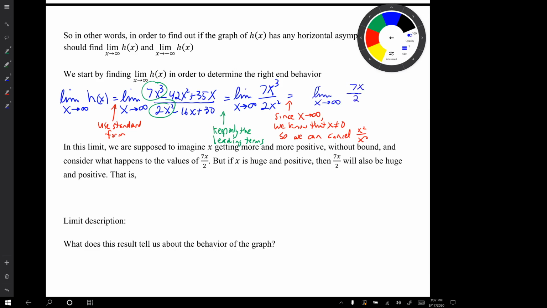So using steps like we used in the previous couple of questions, we started by computing the limit using the standard form of the function.